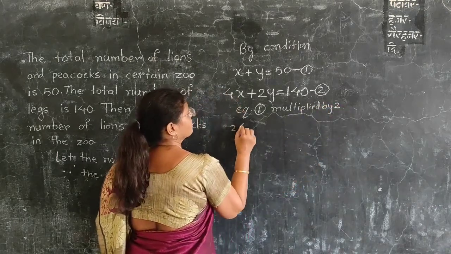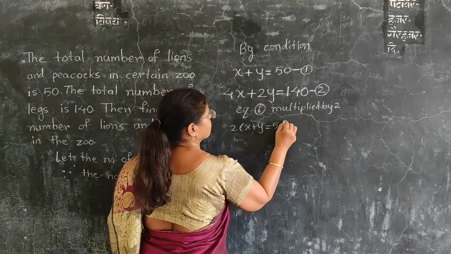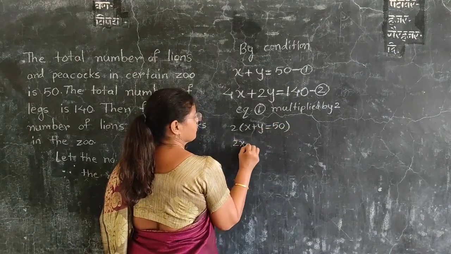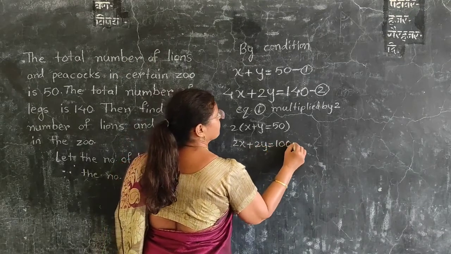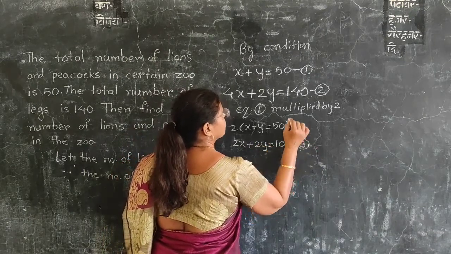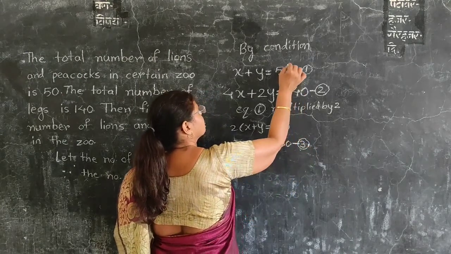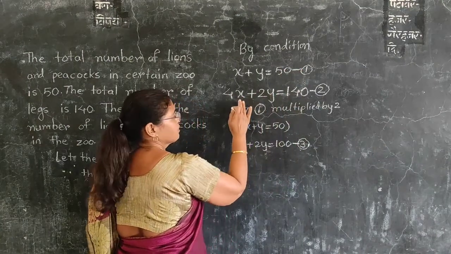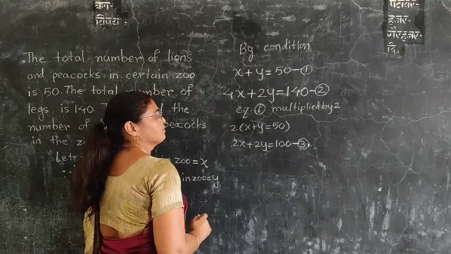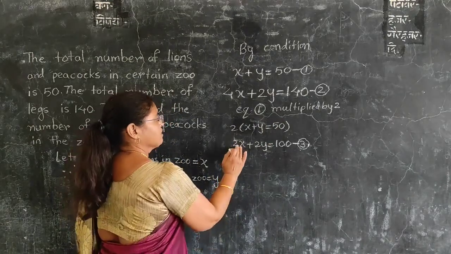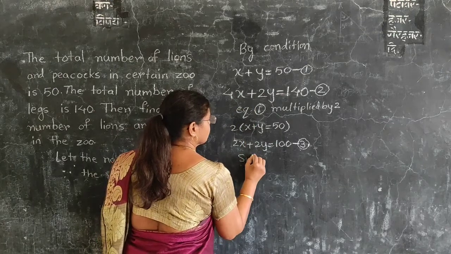So 2 into x plus y equals 50, that is 2x plus 2y equals 100, which will be our third equation. As the third equation is formed out of the first, we will consider equation 2 and equation 3. Now the coefficient of y is the same, so we have to subtract equation 3 from equation 2.